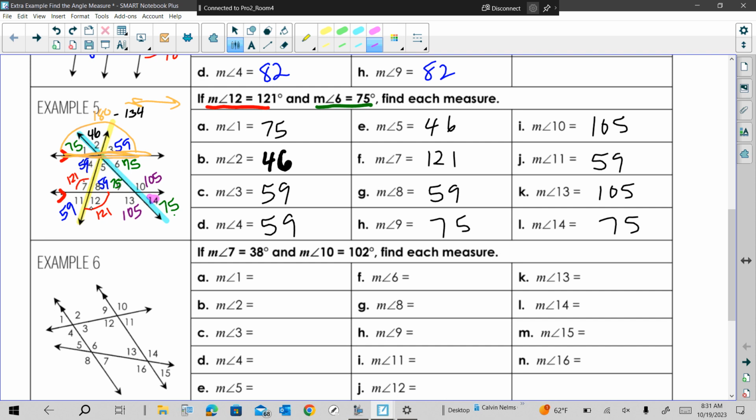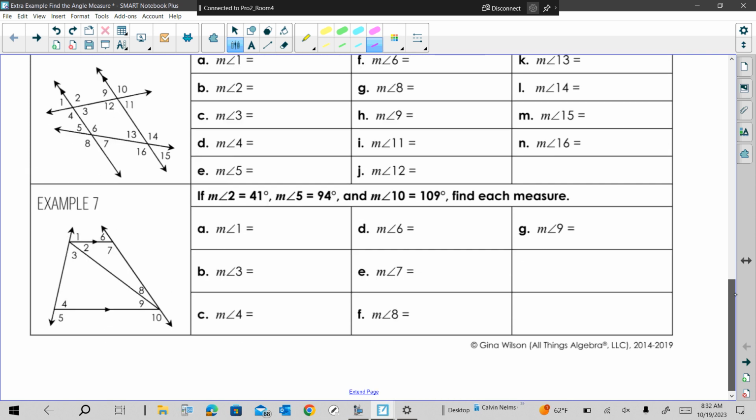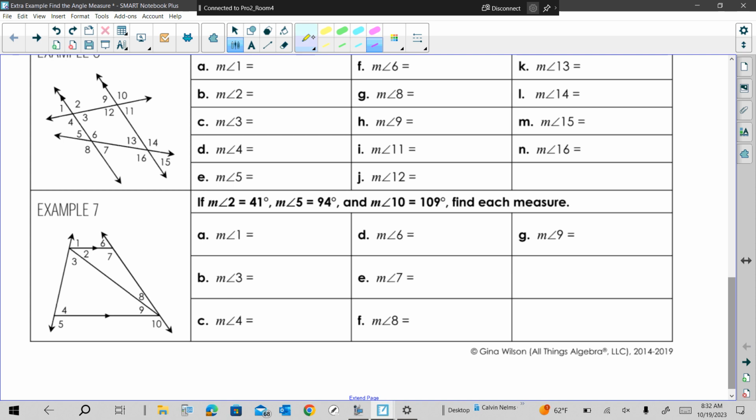All right, so again, we have 2 parallel lines and we're going to have 2 different transversals. So I'm going to do one transversal, one color, and then I'm going to do the other transversal, a different color.